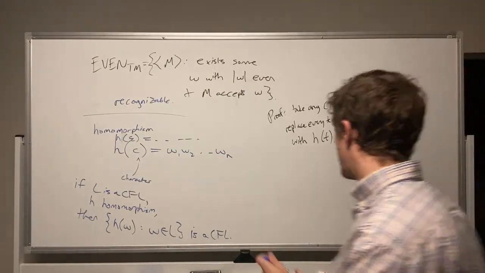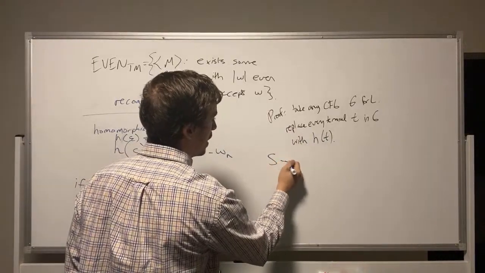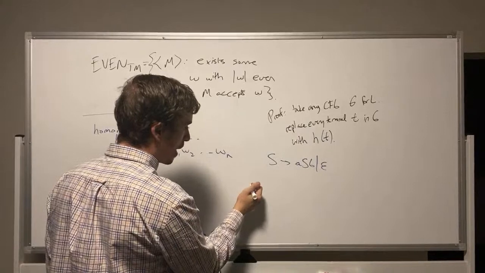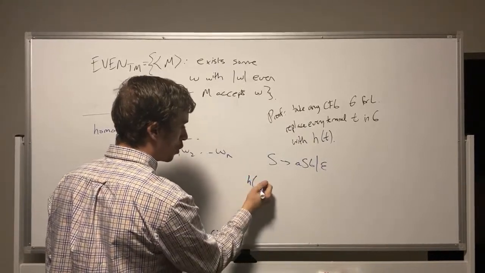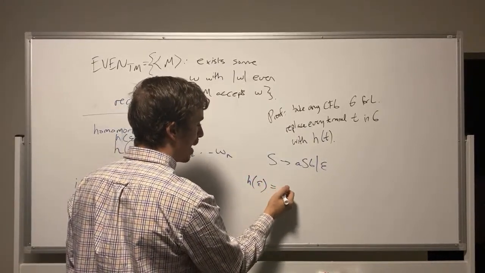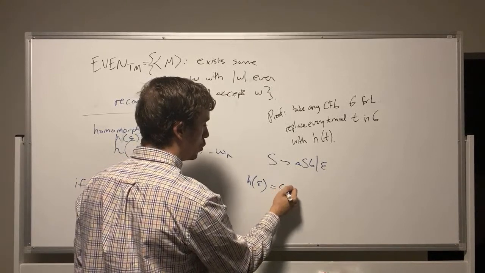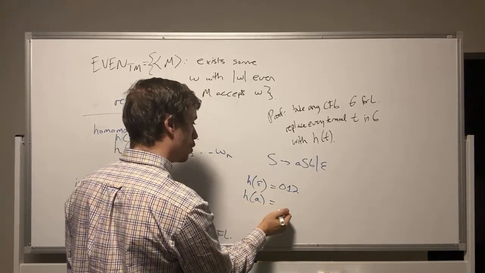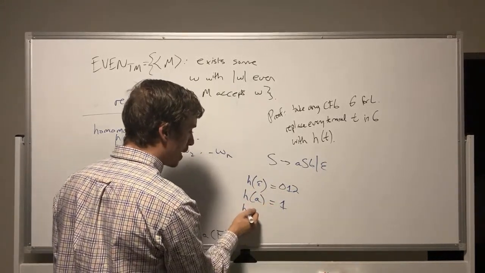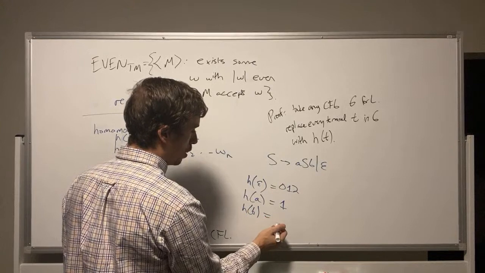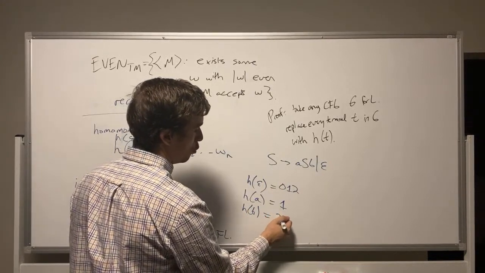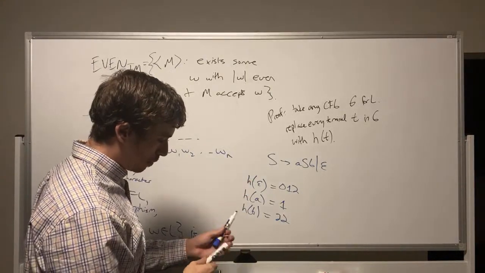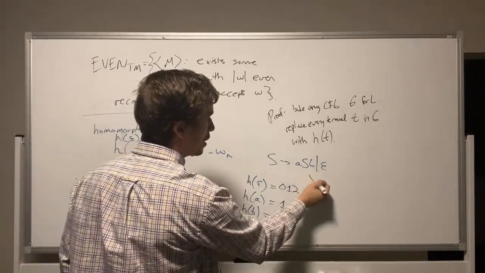So what's an example? Let's do a really simple one. Let's say we have an h function, which for the empty string will map to 0, 1, 2. And then h of a, let's say, will go to just 1, and h of b will go to, I don't know, 2, 2. Then all you do in this grammar is some replacing.